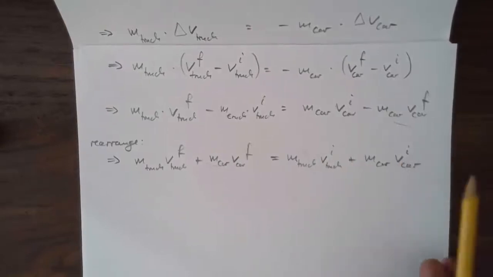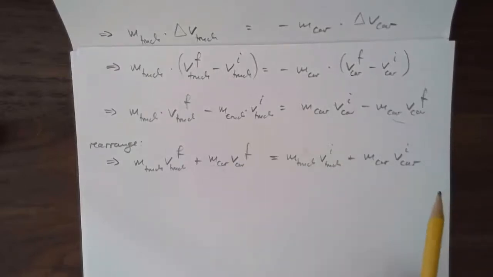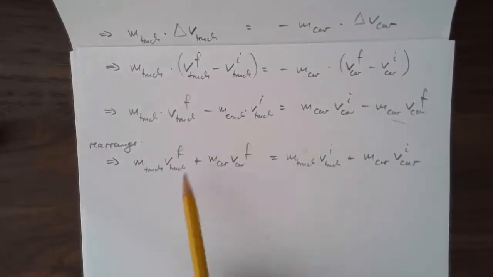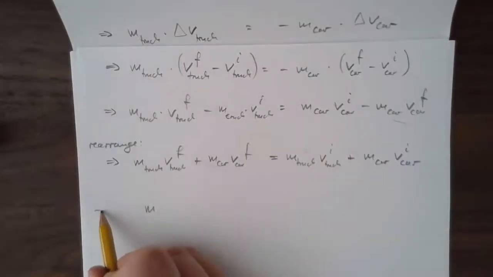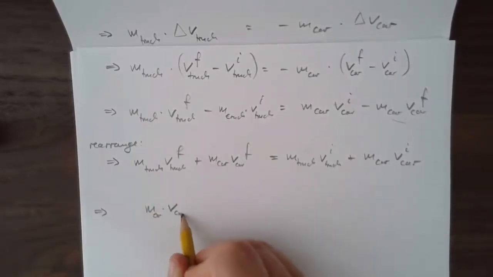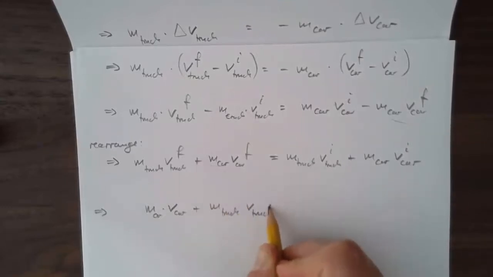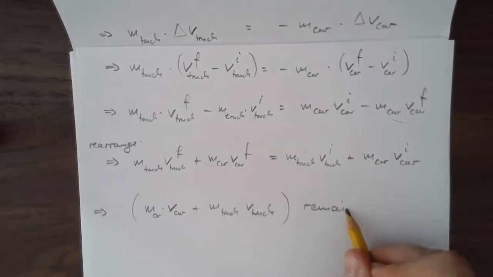So this suggests that something in this whole process that we don't really understand, this complicated car crash with lots of forces acting, very violent, well, something remains the same, namely this quantity, m times v, so m car v car plus m truck v truck. This quantity as a whole remains unchanged.